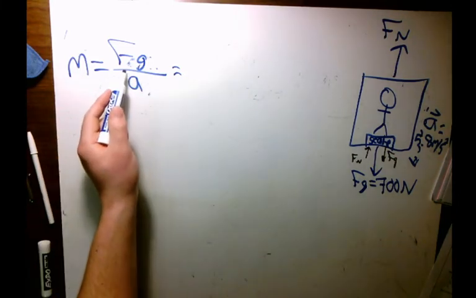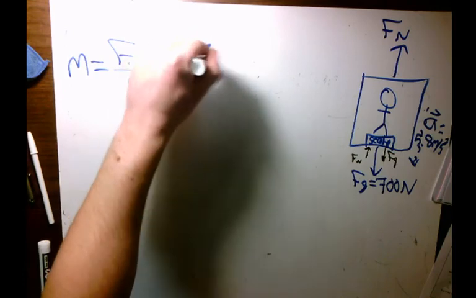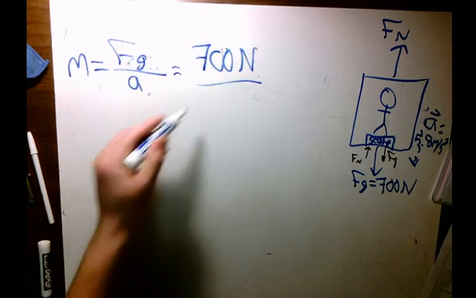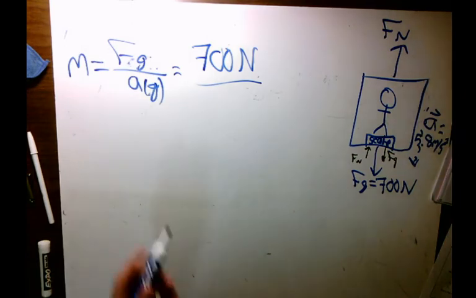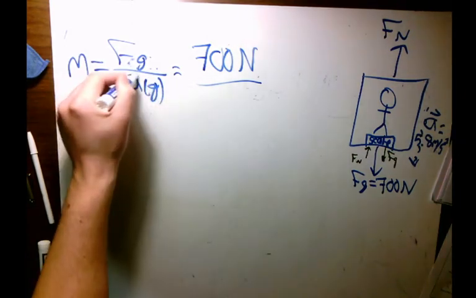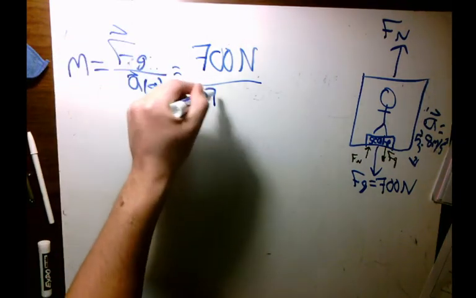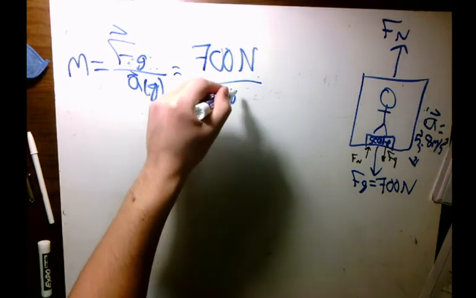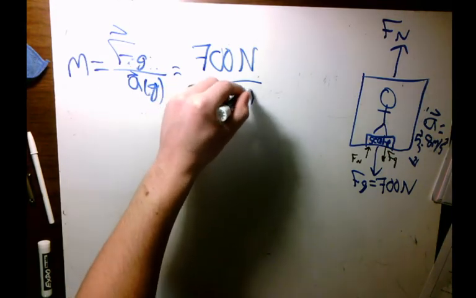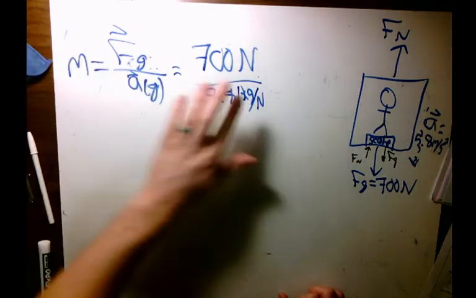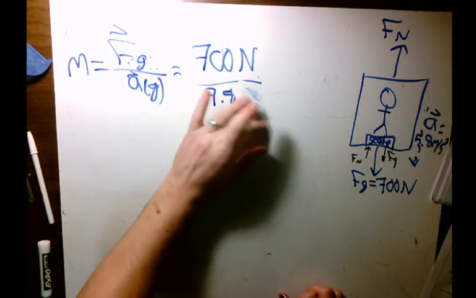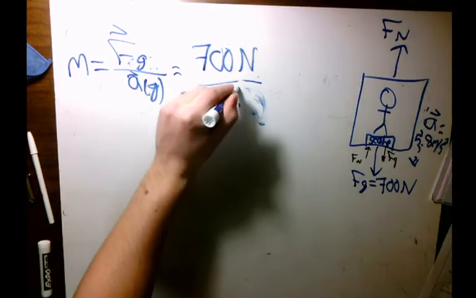So on Earth, they weigh 700 newtons, and the acceleration due to gravity is 9.81 newtons per kilogram, or just keep it as meters per second squared.